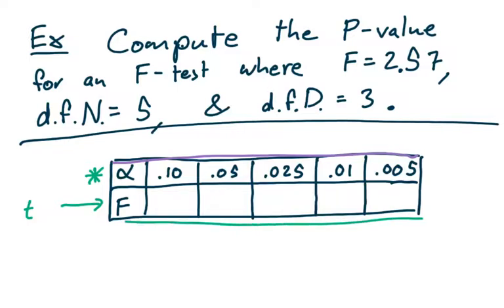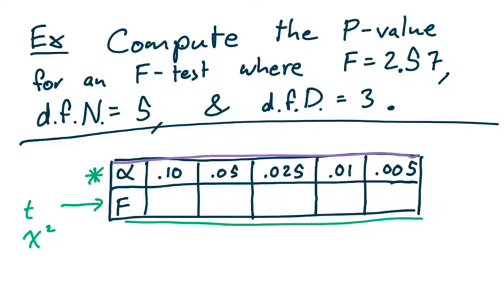Same thing if we're using the chi-squared table. Those are just the values in that whole row corresponding to the correct degrees of freedom.